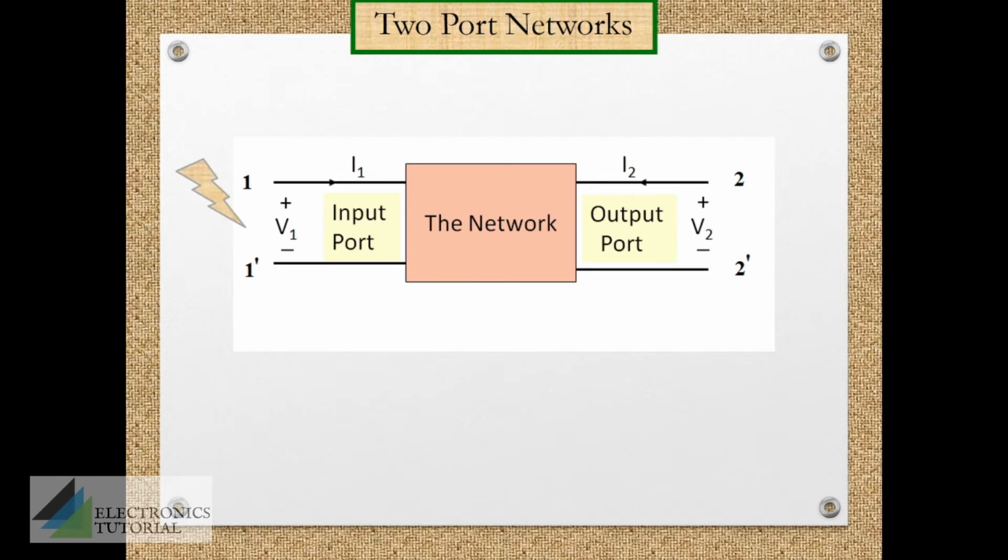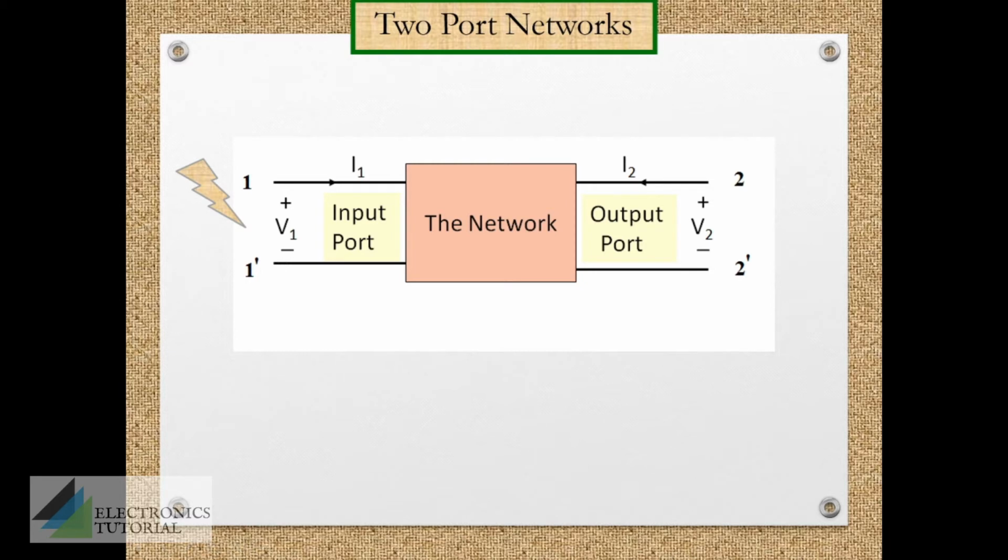1 1' represents the input port. Here we can see a few terms on this side, that is I1 and V1. I1 is the current that flows through the input port and V1 is the voltage that is experienced across the input terminals.